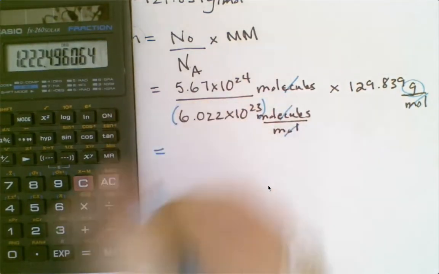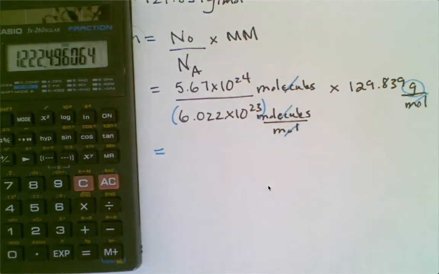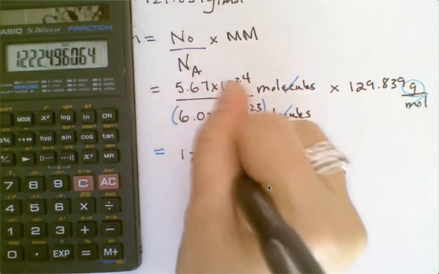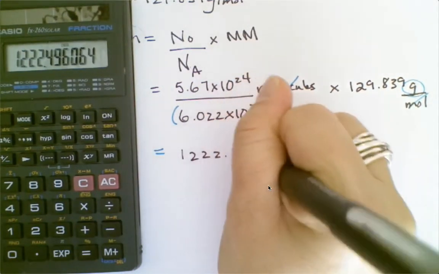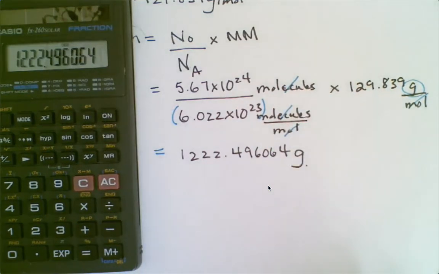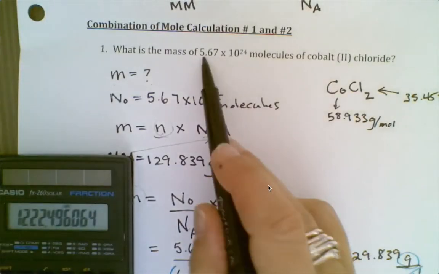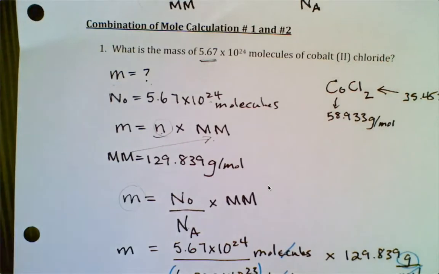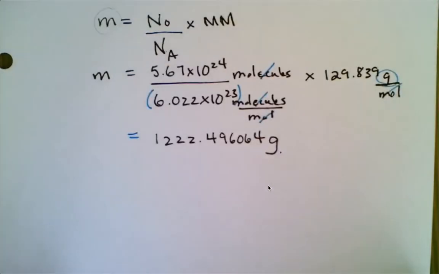Now, how many digits am I going to report to? For right now, I'm going to include a few of them here, and then I'll show you how best to figure out how many digits you are going to keep your answer to. When we go back and take a look at the original question, we have 3 significant digits. So your final answer has to be rounded to 3 significant digits.